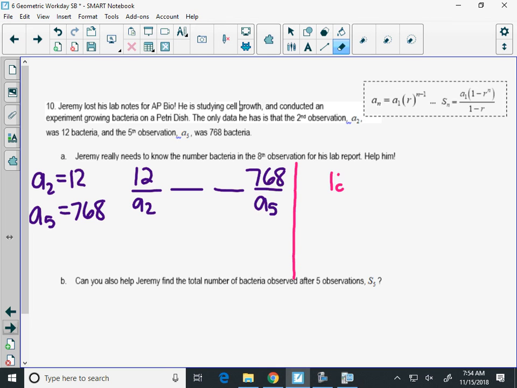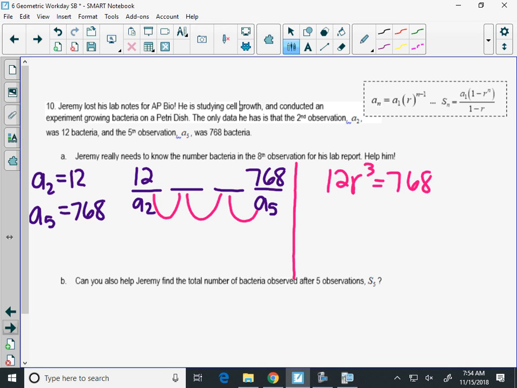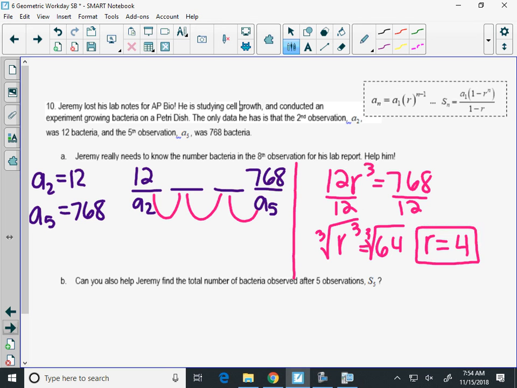If I start with 12, I have to multiply by the common ratio 1, 2, 3 times to get me to 768. Now I'm going to solve that for r. I'm going to divide by 12 and get r cubed equals 64, and then take the cube root. That gives me a common ratio of 4. So that means you have to multiply by 4 over and over again to find the number of bacteria.